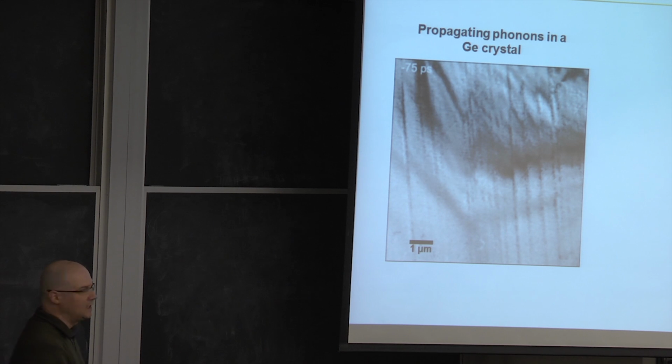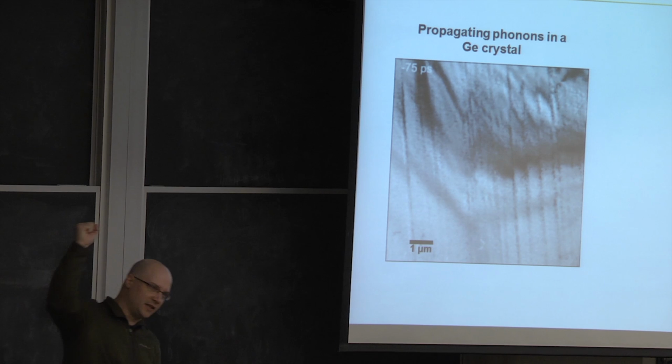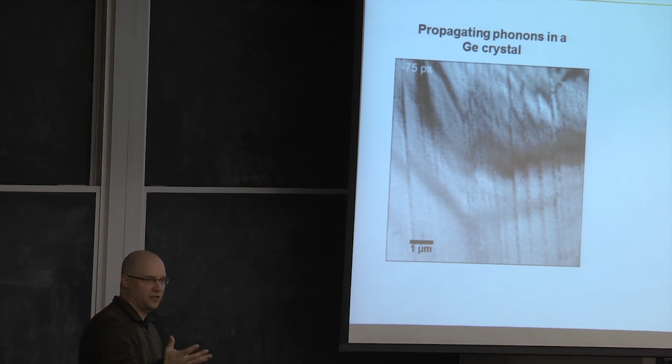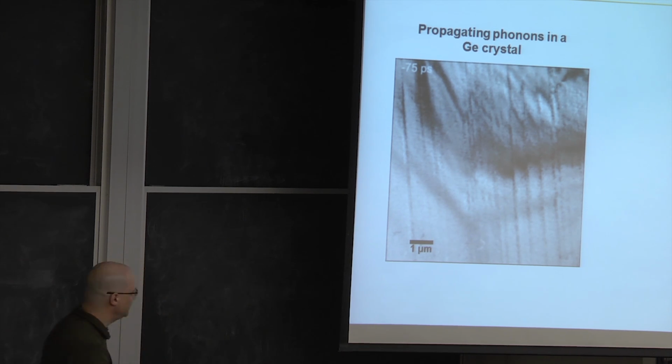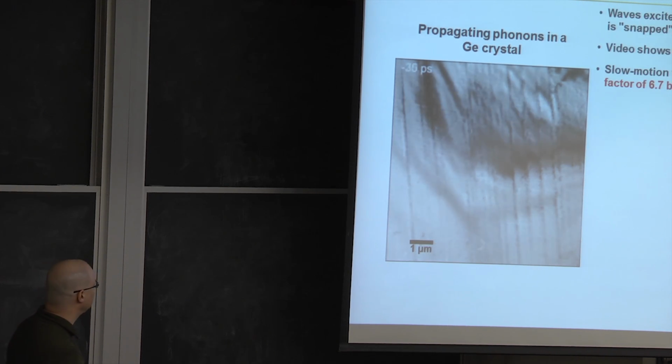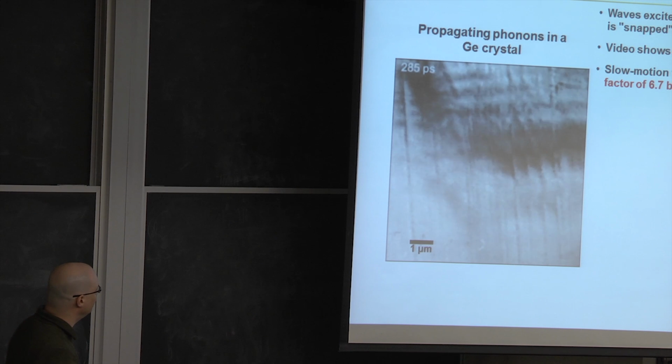PS means picoseconds. And the minus means this is 75 picoseconds before I send in that laser pulse. Think of the laser pulse as a hammer, and think of this as a bell. So at 0 PS, I'm gonna ring the bell, okay? So let's just go ahead and watch it, and then I'll do my best to explain to you what's going on. So there we ring the bell.